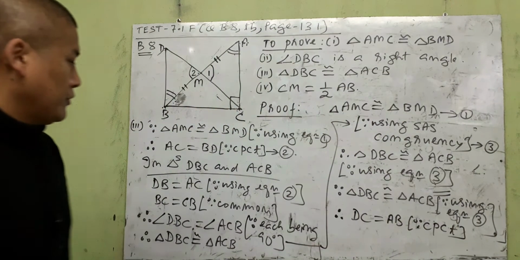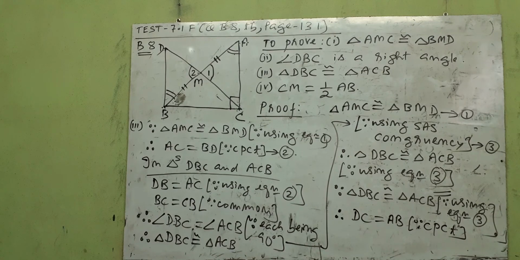We are going to use that to prove the third one, CM equal to half AB.